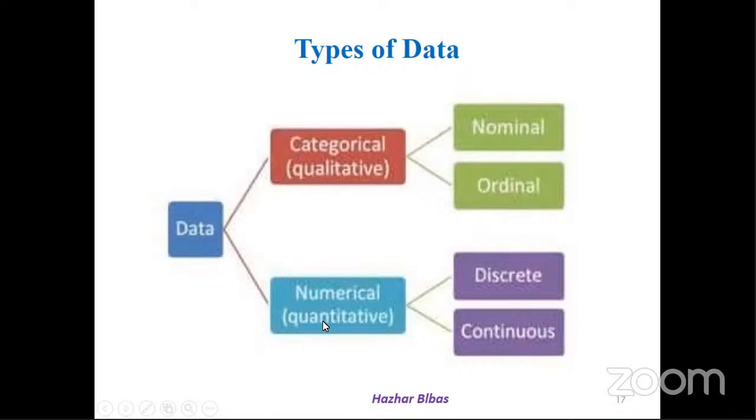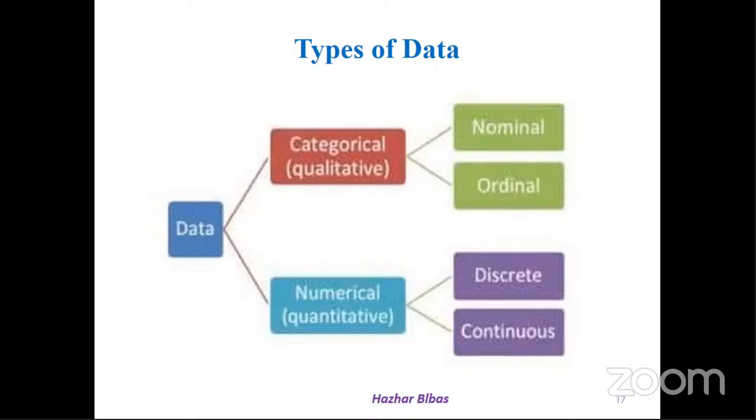Quantitative data contains different values, numbers. Here there are numbers, no text, no alphabet. Discrete means an exact number, like age 25. We couldn't say 25.3 months. For example, the number of members in a family, 7 members.